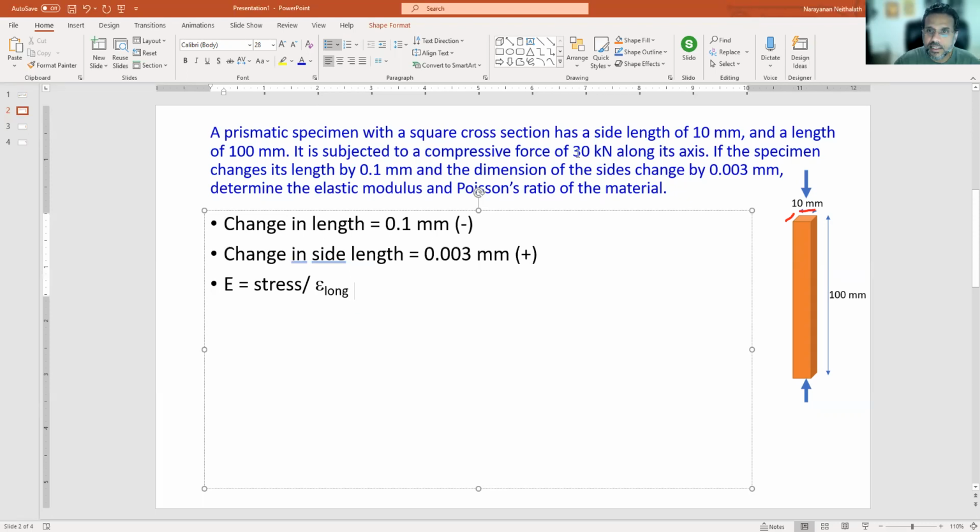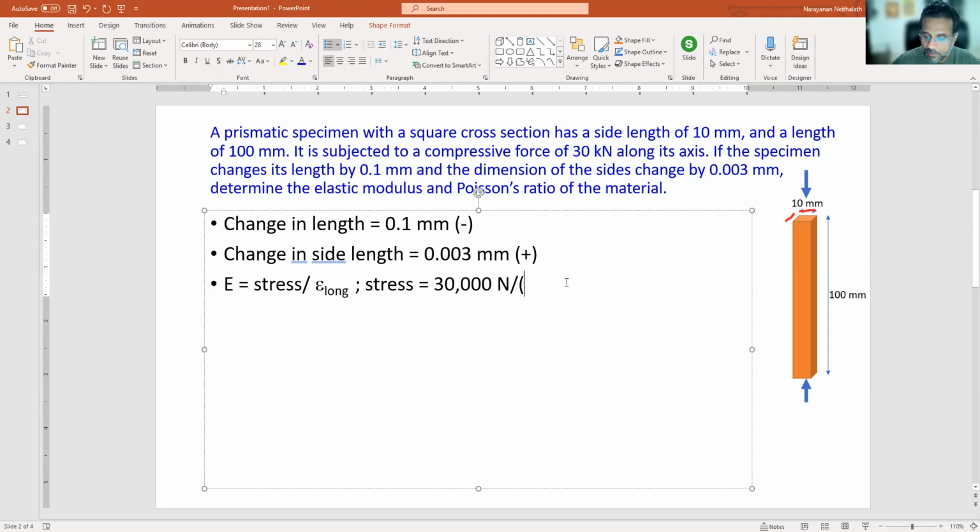Force is given as 30 kilonewton. Side length is 10 mm. Therefore, it doesn't require me to do too much calculation here. Stress is simply 30 kilonewton, which is 30,000 newtons. Make sure that you correct the units, you do the right units so that you're not messing that up. Divide by area.